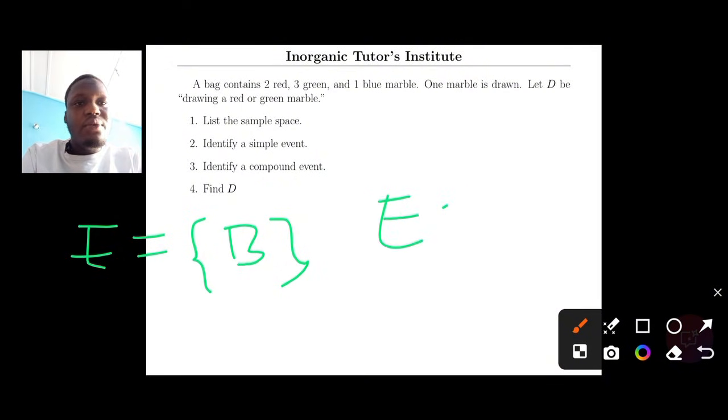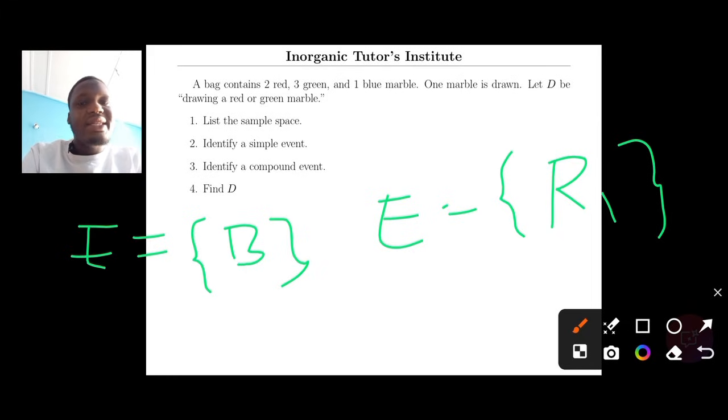Or another one, the event of getting the first red ball. Without the first, you are wrong. It's not the event of getting a red ball. It's the event of getting the first red ball.